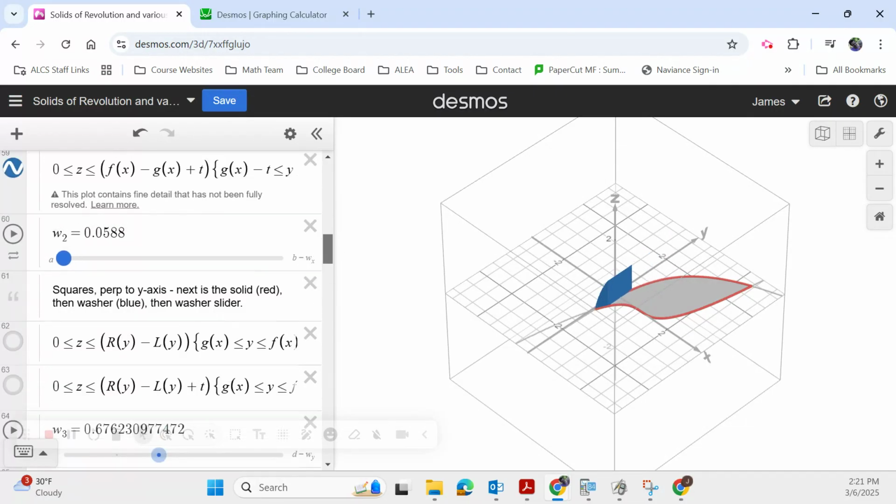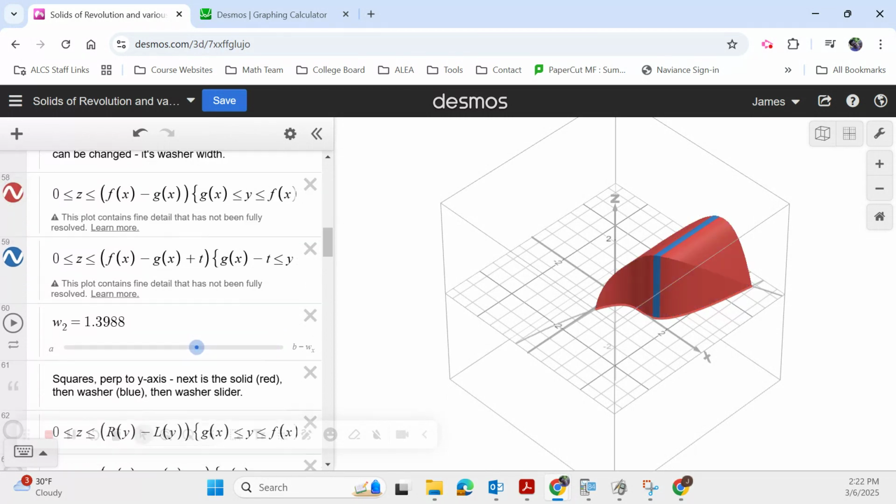And as it moves through, it kind of fills out the whole solid. Good. And here, let's do that with the solid there. Here is that cross section going through the solid. And that's what it looks like.